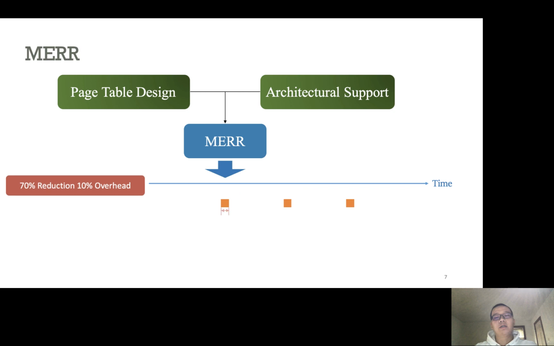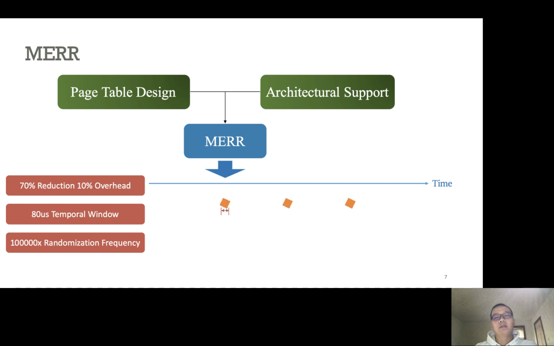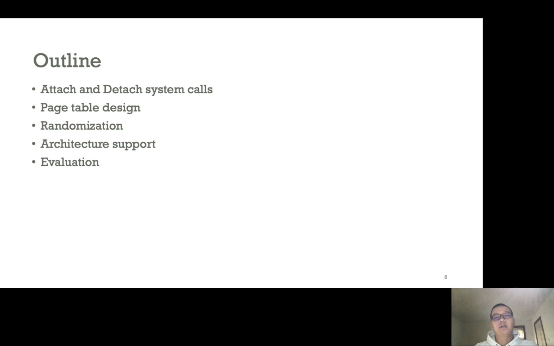Meanwhile, it provides a maximal 80 microsecond temporary window. At the same time, it provides 100,000 randomization frequency with similar overhead compared to the state-of-the-art data randomization work. The following presentation includes the attach and detach system calls introduction, page table design, randomization, architecture support, and evaluation.